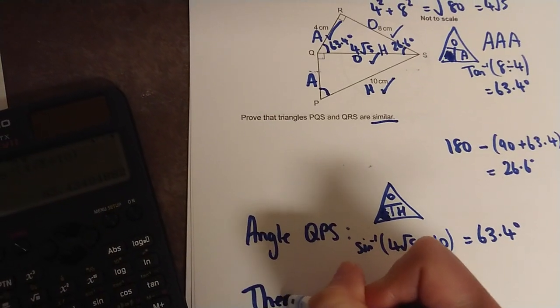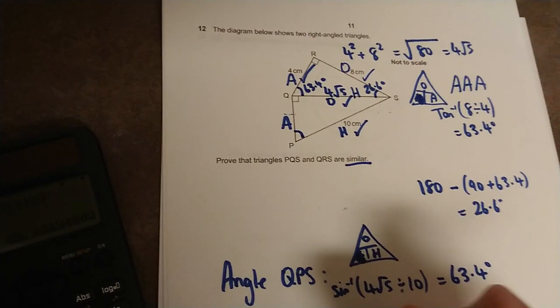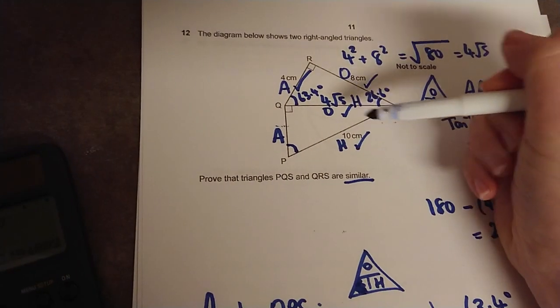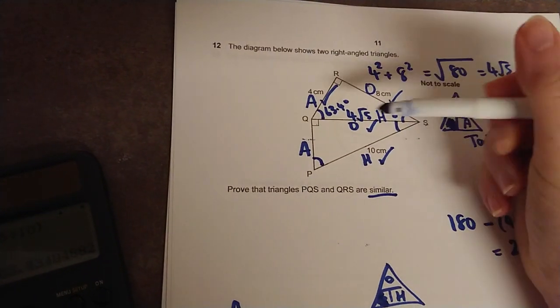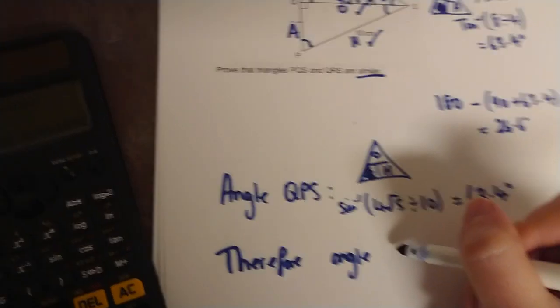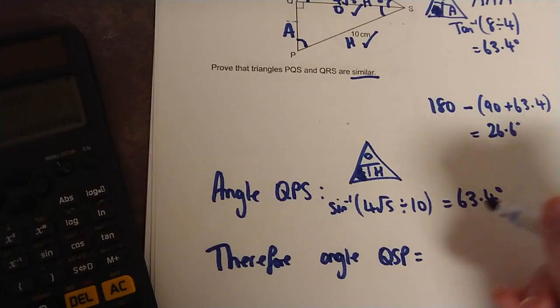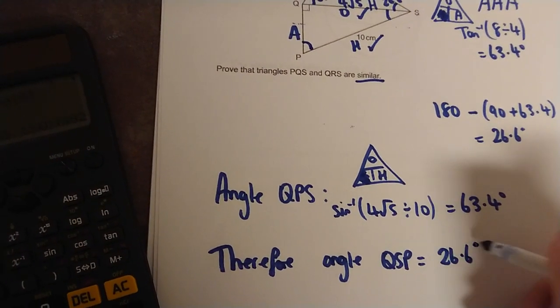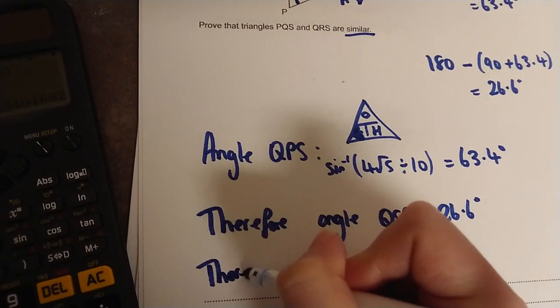So therefore angle QSP, this one here, must be 26.6, because again, angles in a triangle add up to 180. Okay, so therefore all 3 angles are the same.